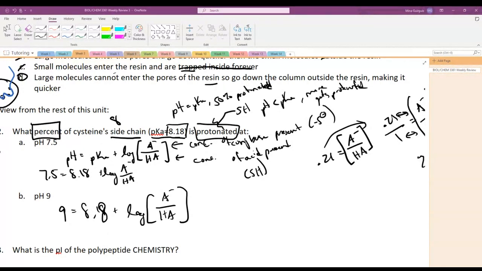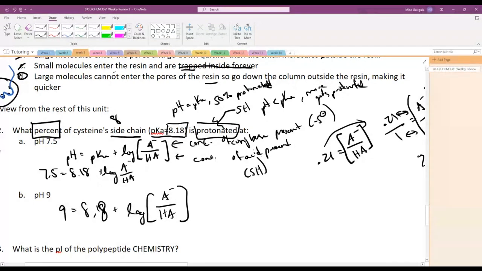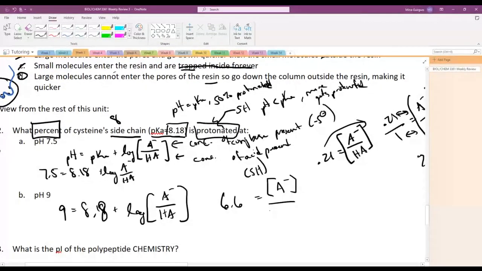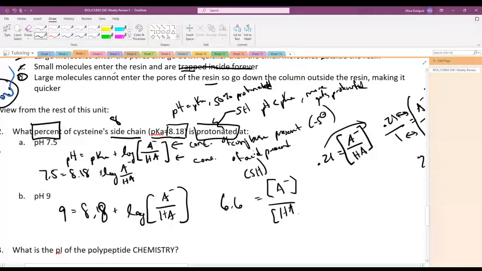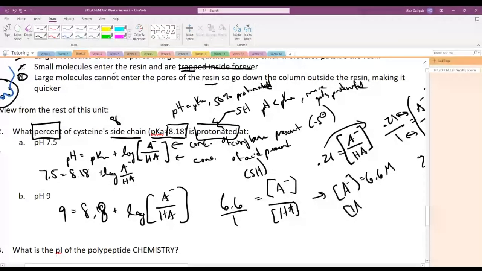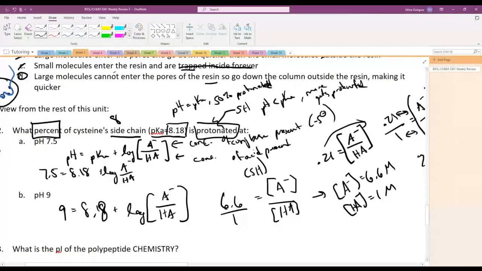Exponentiate with a base of 10, and you get 6.6. And again, I'm rounding for convenience. 6.6 is equal to A minus over HA. So I'm going to write that as 6.6 over 1 and turn that into concentration of A minus is equal to 6.6 molar. Concentration of HA is equal to 1 molar.